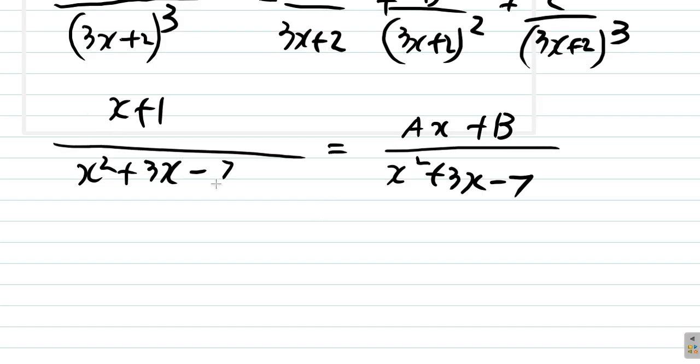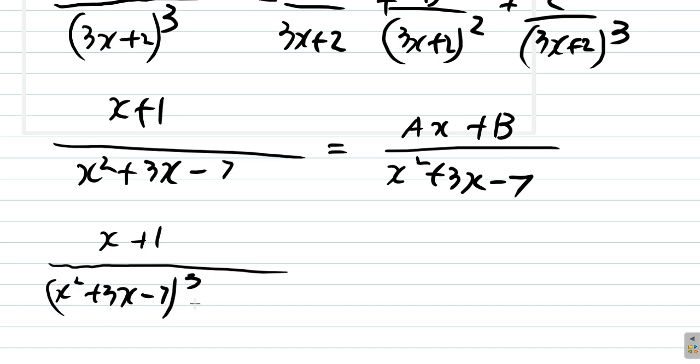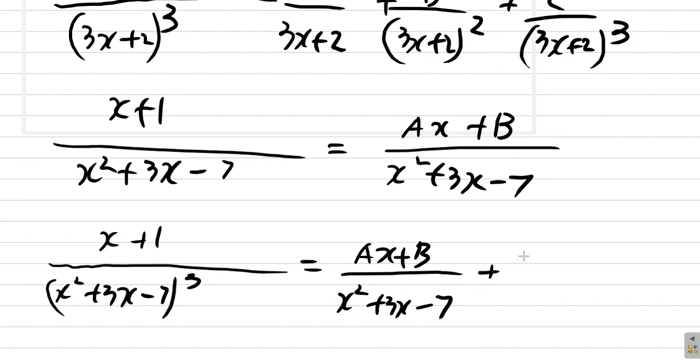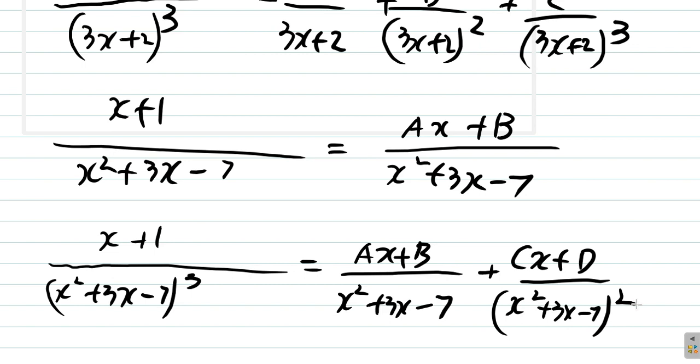So suppose instead of x plus 1 over x squared plus 3x minus 7, what you had was x plus 1 divided by x squared plus 3x minus 7 cubed. What you'd have to do is say ax plus b over x squared plus 3x minus 7, plus cx plus d over x squared plus 3x minus 7 squared.